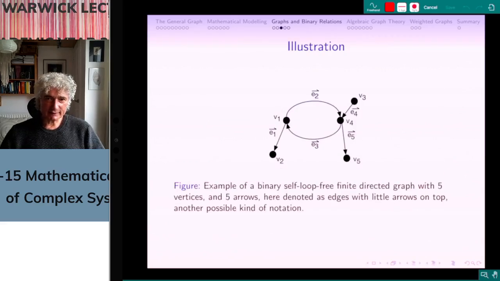Well, this is just an illustration. Note that here I used a slightly different notation, so this would correspond in the original notation to something like A2. What you see in this graph with 5 vertices and 5 arrows is that in the middle you have something like a feedback loop.